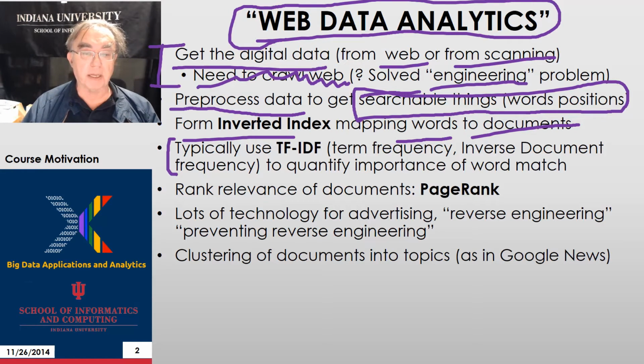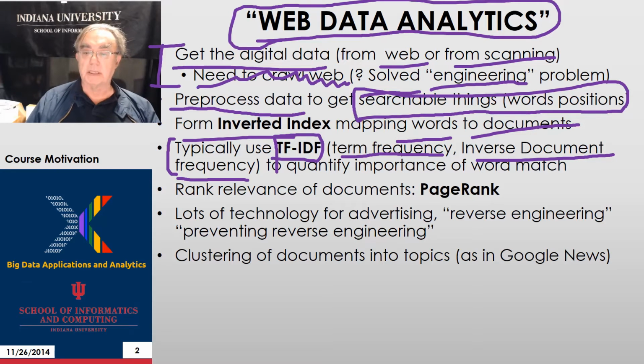You quantify the value of that word match, and that has two or three important aspects. One is the classic information retrieval thing called TF-IDF. TF is term frequency, IDF is inverse document frequency, which ranks the things depending on how often it appears and the relevance of that document. And that's used to quantify the importance of the word match.